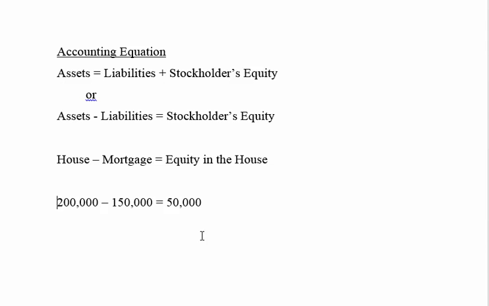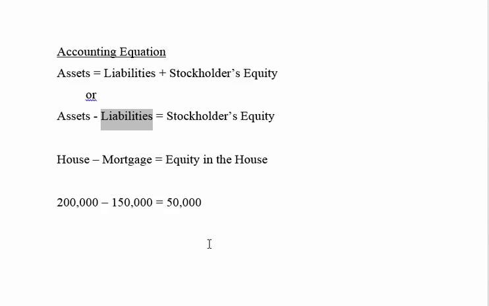Okay, now we do the same thing for a business, you guys, except a business would have several assets: cash, accounts receivable, where we've provided customers with goods or services today, and they promise to pay in the near future. Buildings, land, equipment, all those would be assets of the business. Their liabilities would be maybe accounts payable, where they have made purchases of goods or services today and promise to pay in the near future.